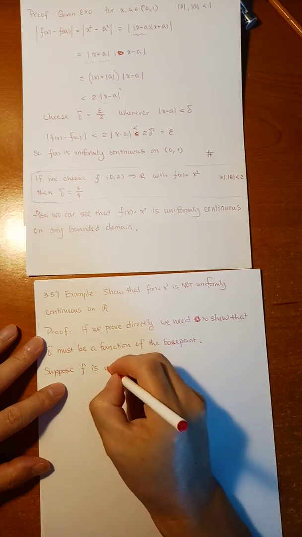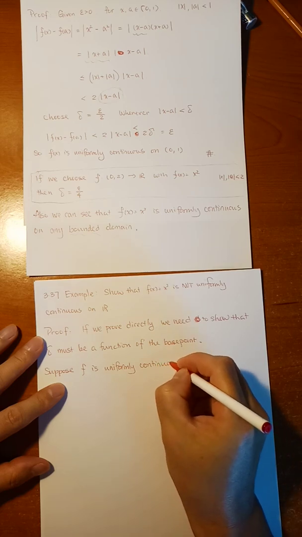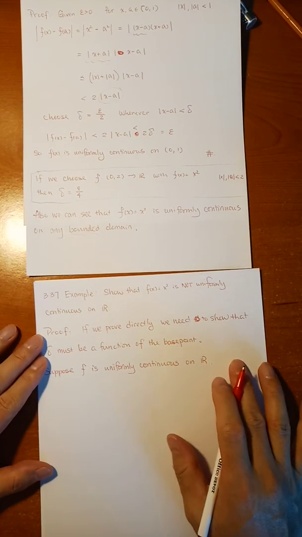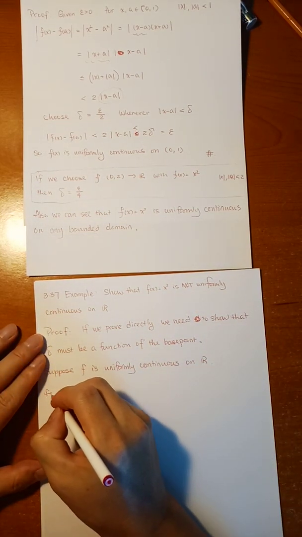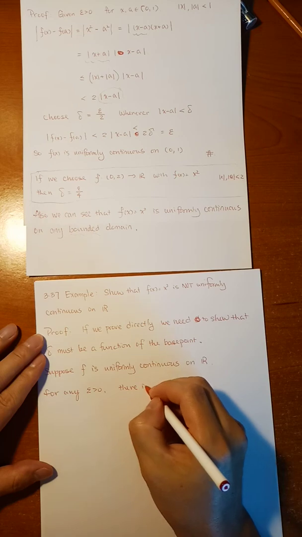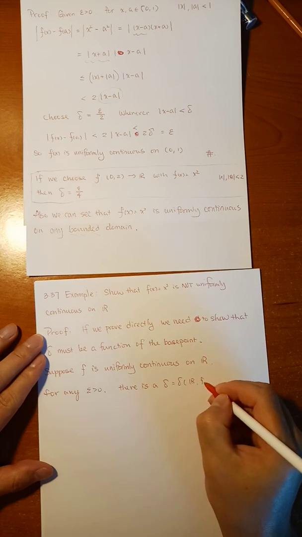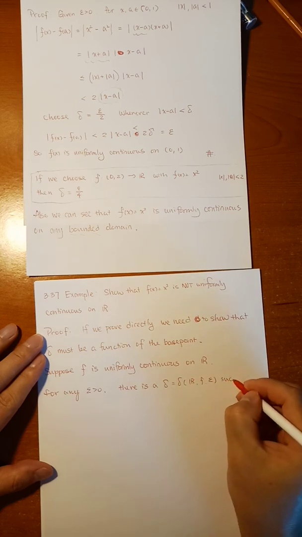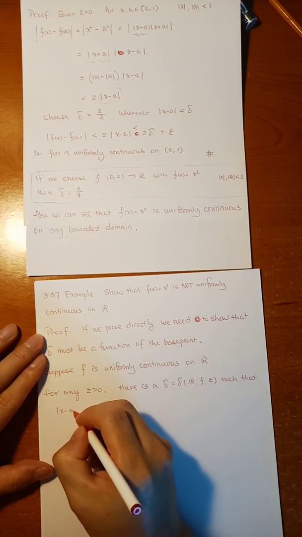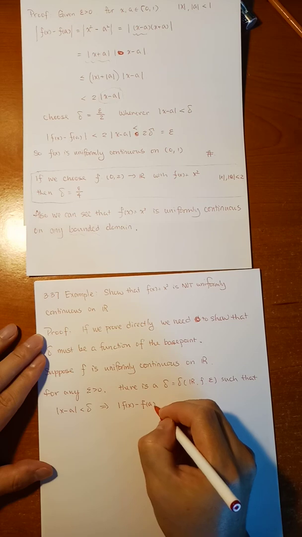f is uniformly continuous on R. Then for any epsilon greater than 0, there is a delta which is only a function of the domain, f, and epsilon, such that whenever abs value of x minus a is less than delta, you have abs value of fx minus fa less than epsilon.